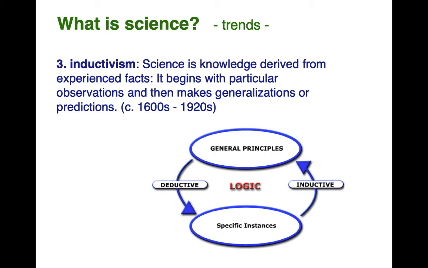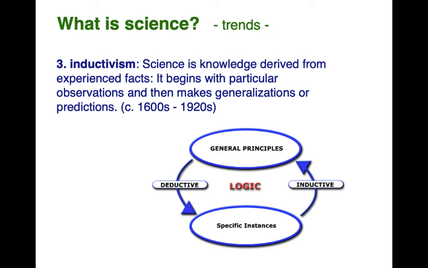Induction works the other way. That is, from specific cases, we draw a more general conclusion. And again, induction doesn't generate a conclusion which is necessarily true, only that's in general true. Generalizations aren't true always, everywhere, but they're useful.